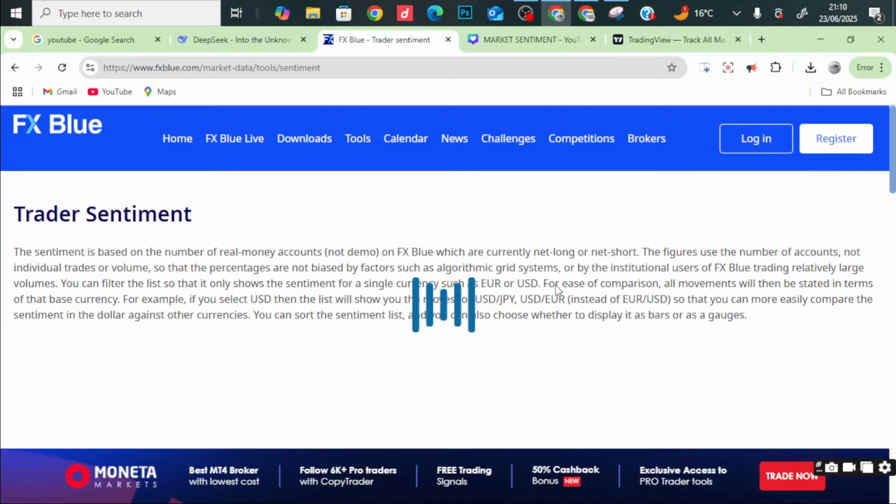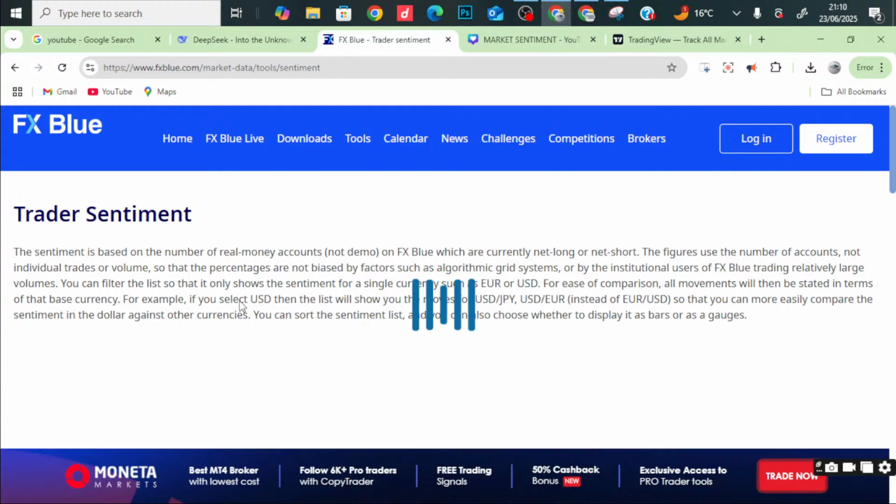for easier comparison. All movements will then be stated in terms of the trading of the base currency.